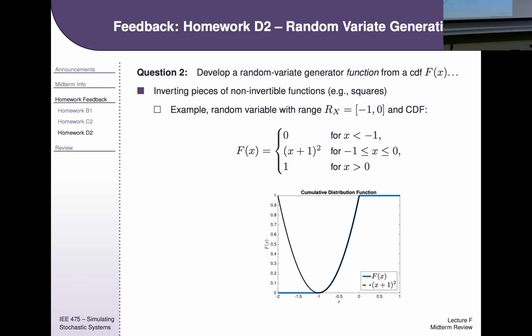And then the last part of that homework, the inversion part. It happens enough that it seems like a special case, but there are a bunch of functions that are X squared like that, where when you invert, you have to make a decision on which part of the function.